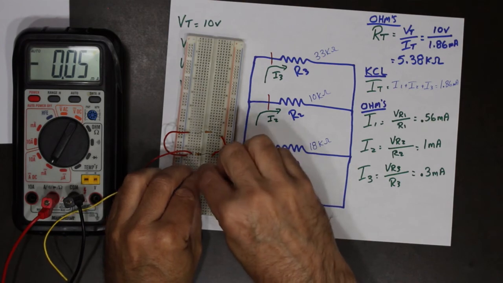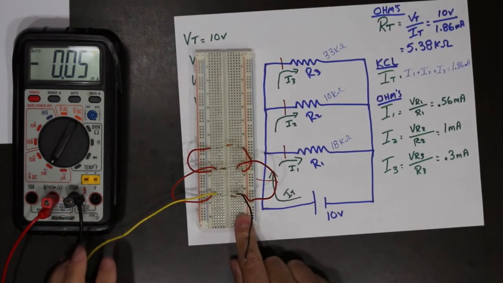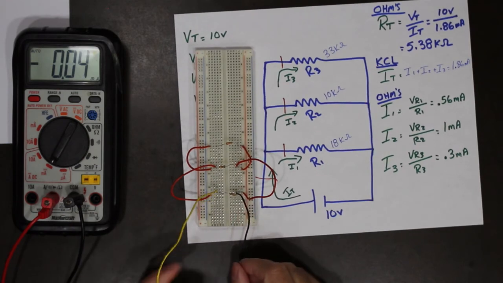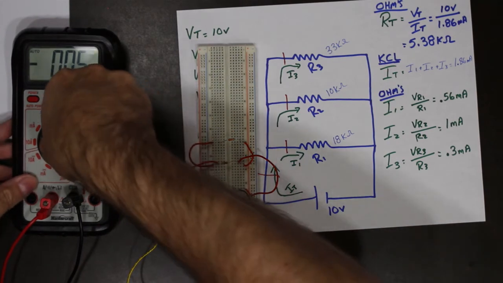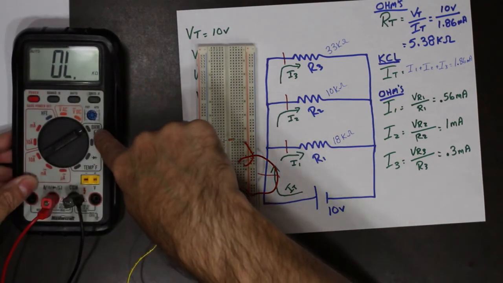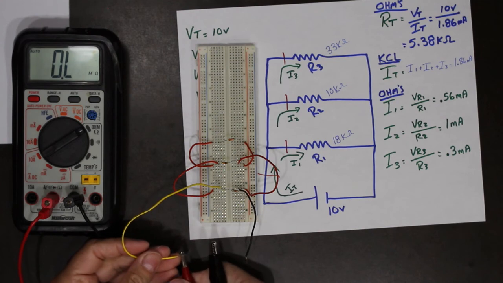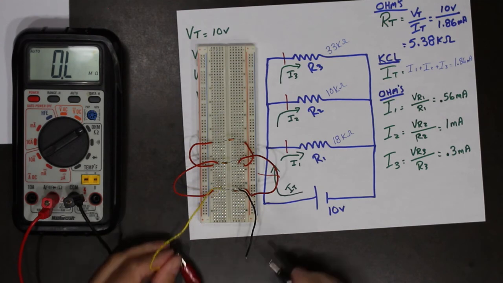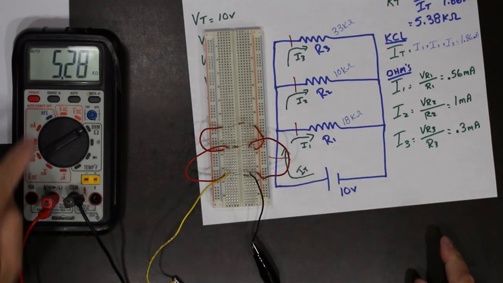I'm just going to put this wire where the supply was connected to make things easy. These two wires represent where the supply was. So the supply has been removed, and I am now going to connect here and measure the total resistance of that circuit.